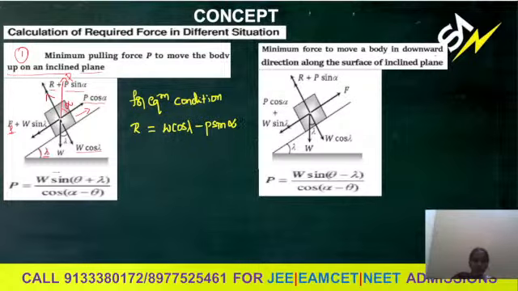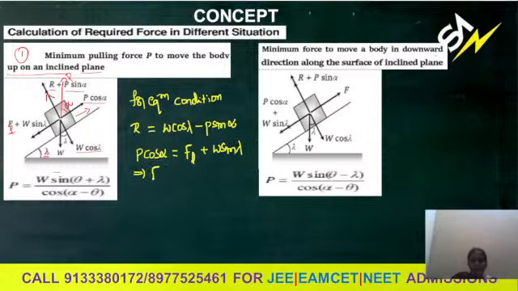Next, horizontally, along the inclined surface, P cos alpha is balanced with the sum of forces. So we can write P cos alpha is equal to limiting friction value plus W sin lambda.